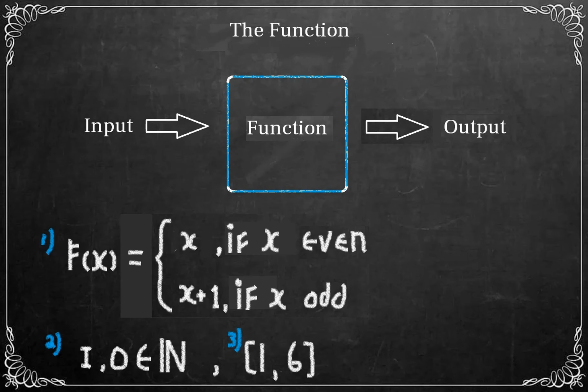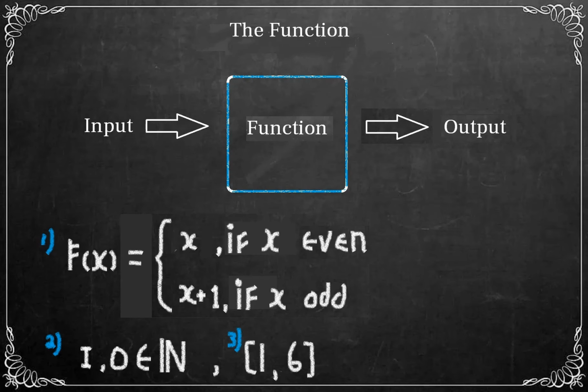We define what our mathematical machine accepts and returns, simply writing the inputs I and outputs O are in the element of the natural numbers, which are the numbers 1, 2, 3, 4, and 5, and so on, which are integers. With another step, defining the domain of the inputs, which is the closed interval 1 through 6, denoted with the square brackets. We'll define the range of the outputs shortly.